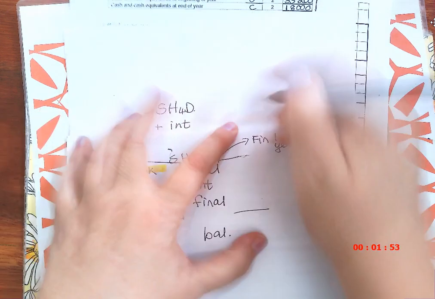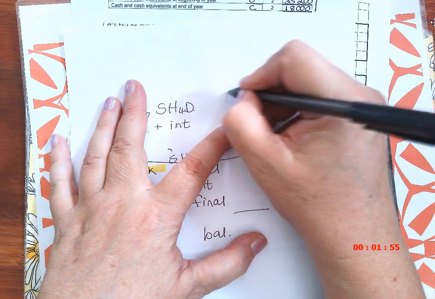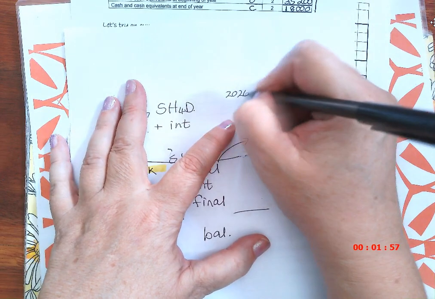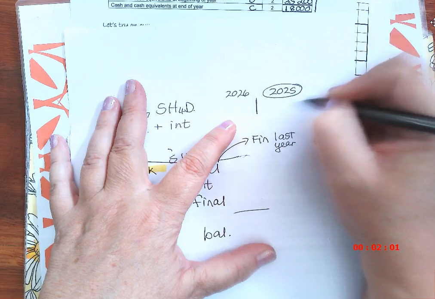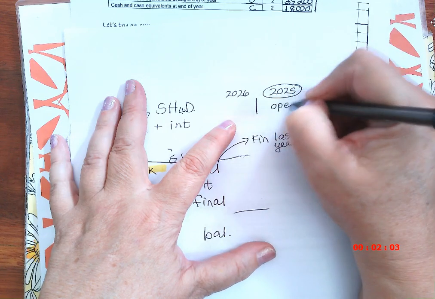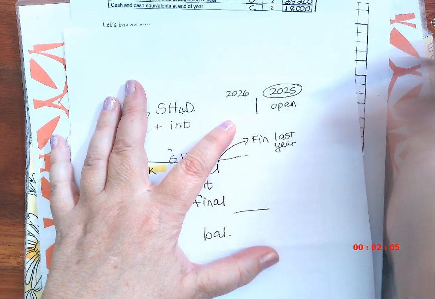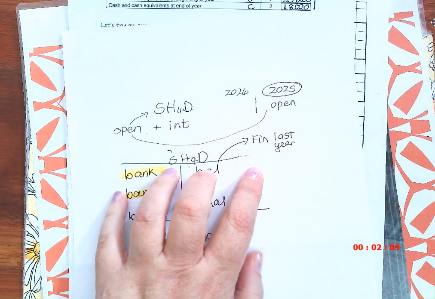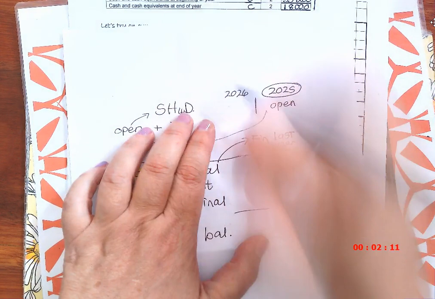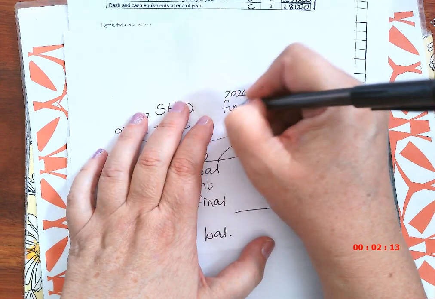Now let me quickly tell you. If I have 2026 and I have 2025, this one is my opening balance. Okay, and this is the one that I'm going to pay that I need here. Right. The one I get here is my final dividend.